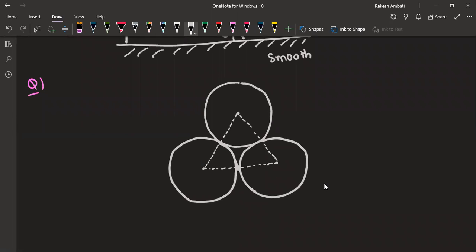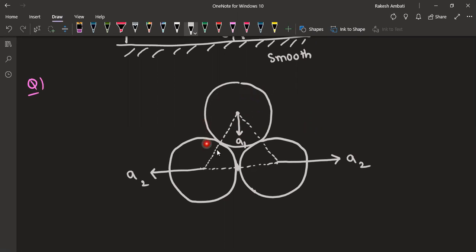So in the question, it is given that this sphere is moving downwards with acceleration a1. Now this sphere will move leftwards with acceleration a2, and the same thing, this one also moves rightwards with acceleration a2.